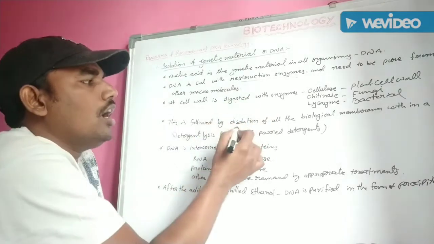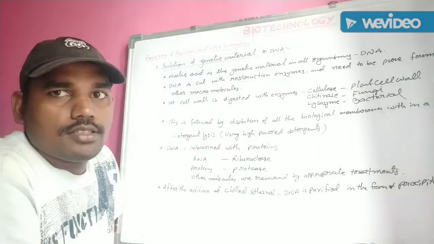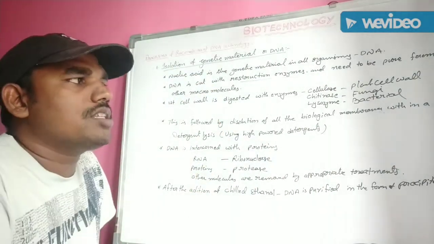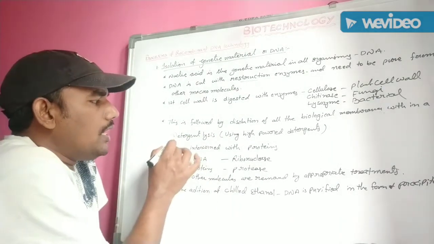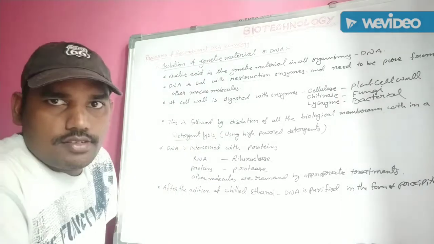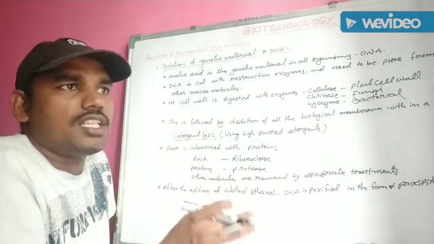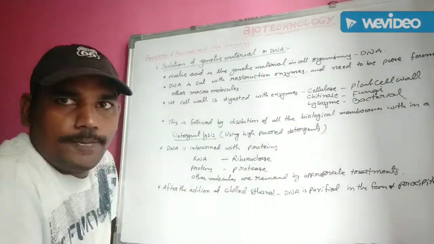This first step is followed by the second step. It is the digestion of all the biological membranes. These biological membranes are digested by detergent lysis. Detergent lysis means that the cell membrane is digested with the help of a high-powered detergent.